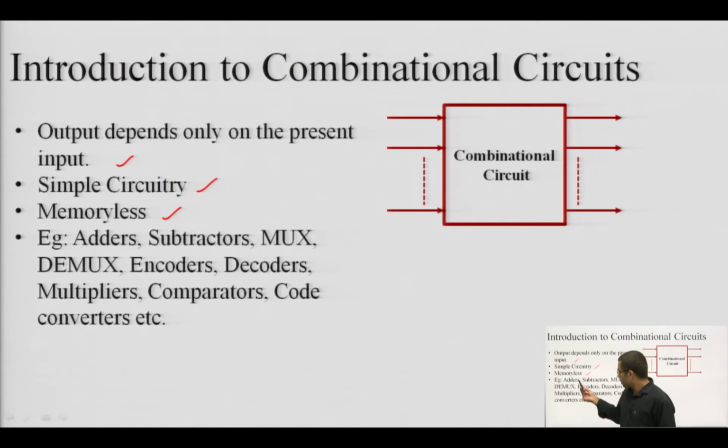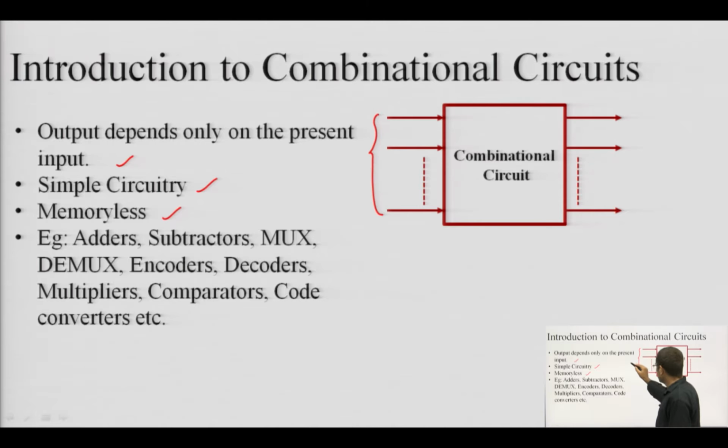Then we come to the examples. Whatever we will be covering in unit 2 will be combinational circuits: adder, subtractor, mux, demux, comparators and converters and all these things. This is the basic block diagram of a combinational circuit.